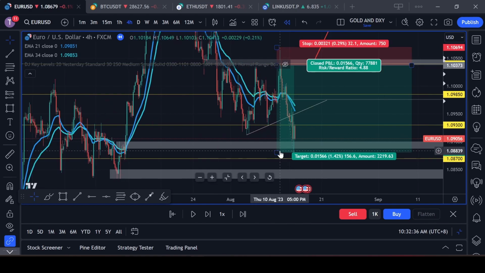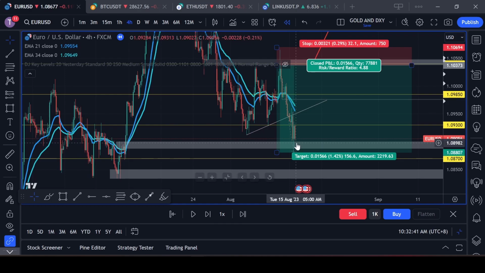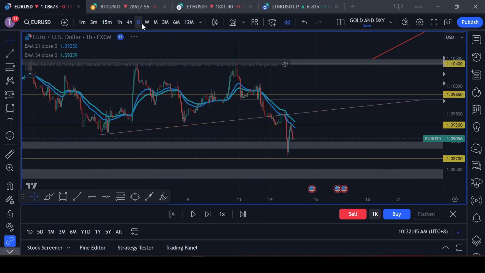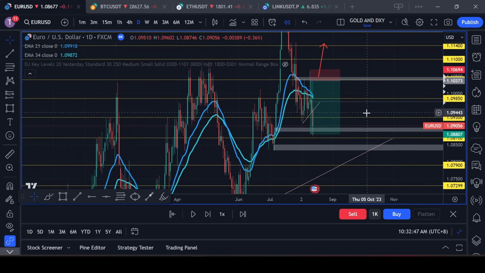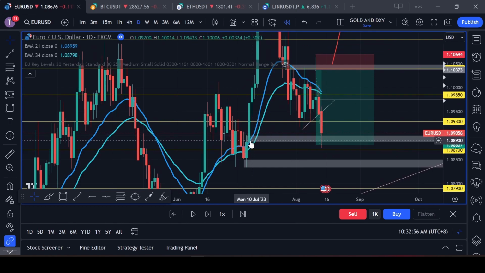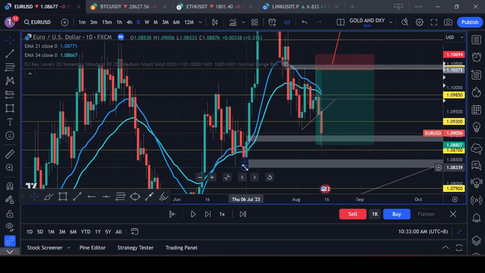Okay, the reason why I took profits over here is because I saw a huge wick over here on the EURUSD, which is kind of finding support over here. Zooming out on the daily time frame, I was anticipating some sort of reaction at least at around 1.089 area, which it kind of did, alright, and also lower at 1.085.